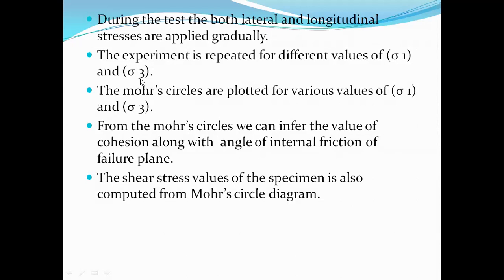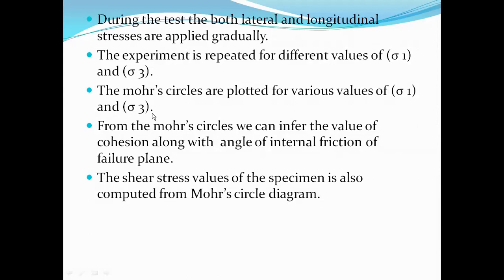Next, the Mohr circles: because these are only the normal forces, there won't be any shear, right? The normal force acting on a plane without any shear is called principal stress, am I right? In this case, sigma 1 is the major principal stress and sigma 3 is the minor principal stress, for different values of sigma 1 and sigma 3, till the specimen fails.